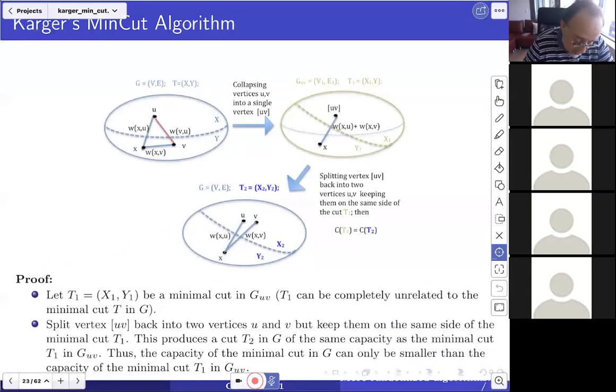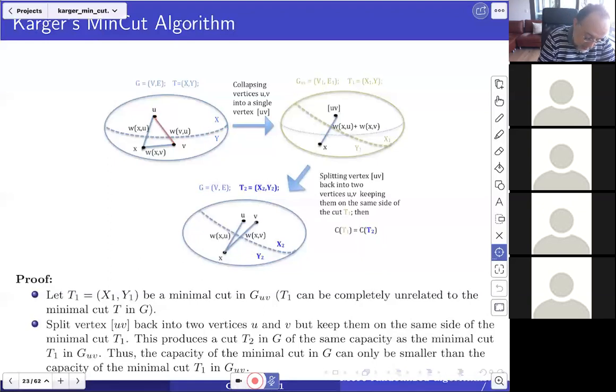Okay, so let's go through the argument once again, because you have lots of questions, and it is really a tricky argument. So what are we doing here? We consider the case that vertices U and V belong to the opposite sides of the min cut.